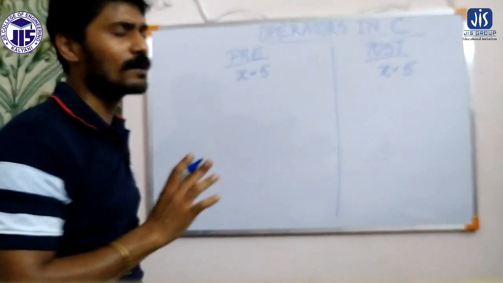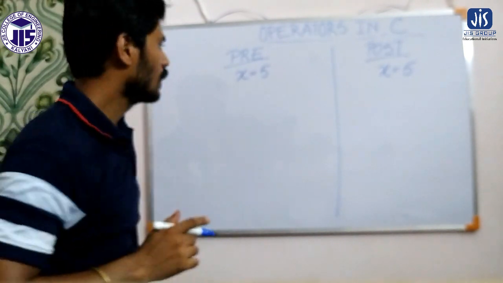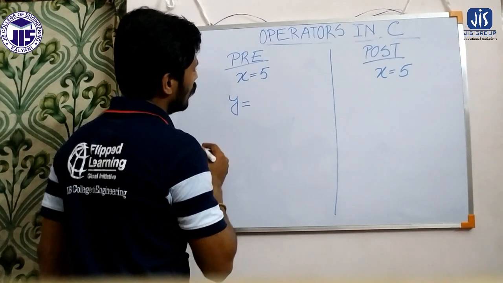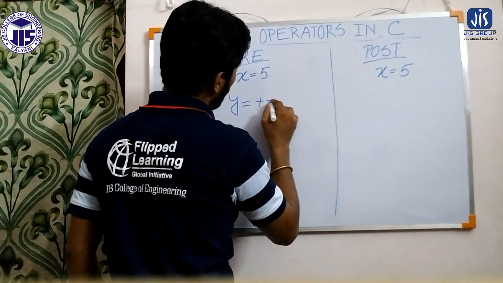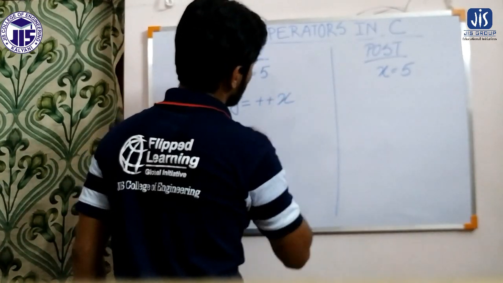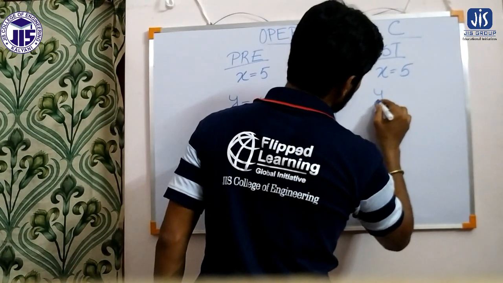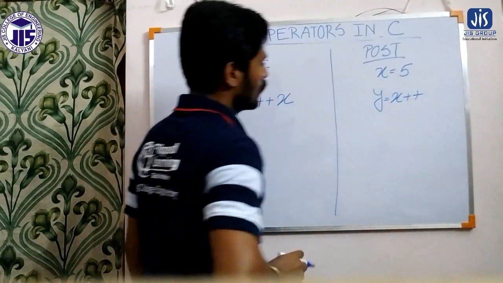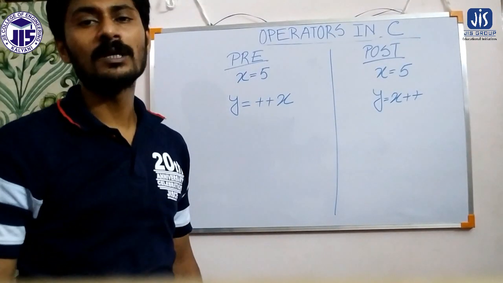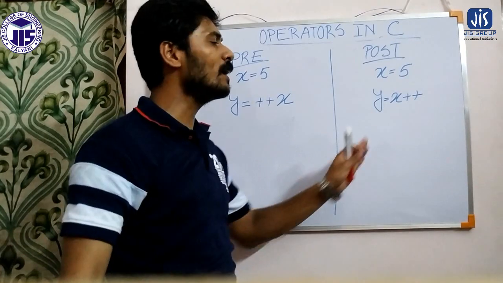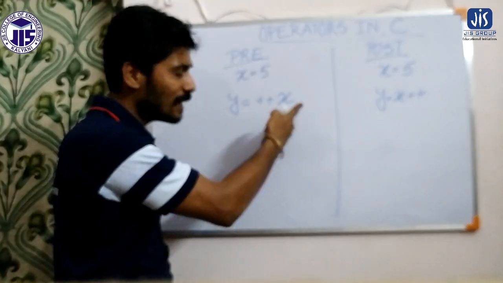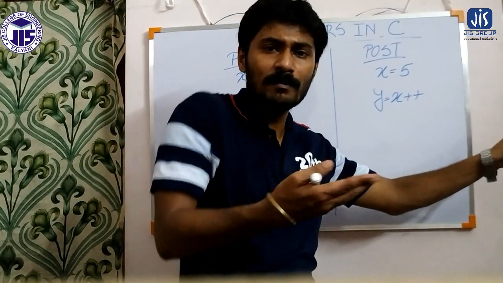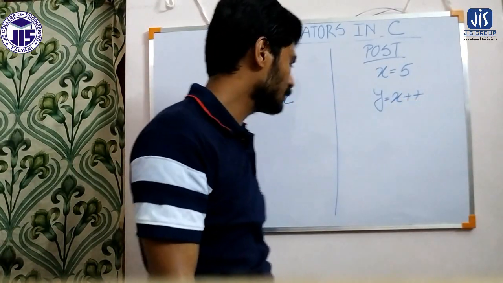Now we have taken another variable, y is equal to plus plus x, and here it is y is equal to x plus plus. So here you can see the difference between representation of pre-increment and post-increment. It is plus plus x, that is pre, and x plus plus, that is post. Pre means previous and post means later.